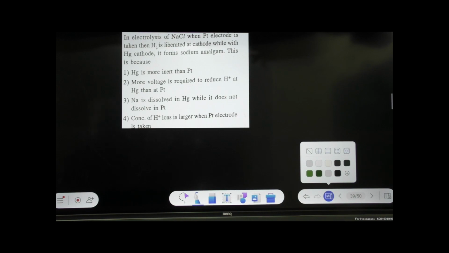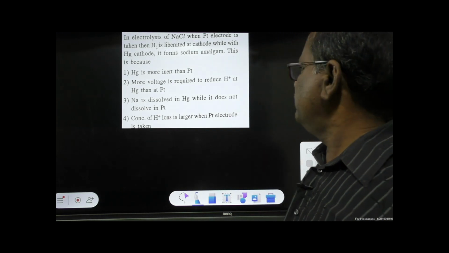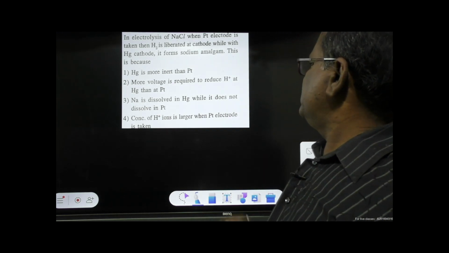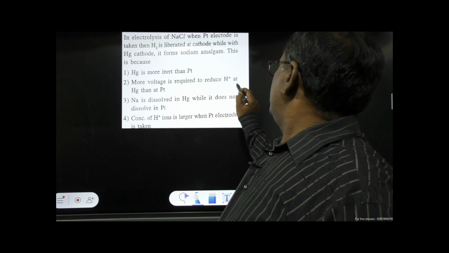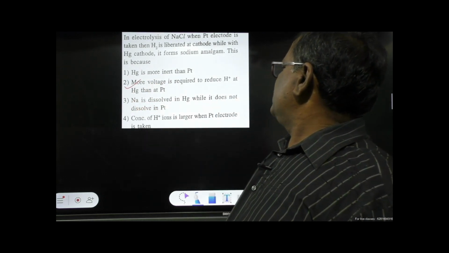In electrolysis of NaCl, when platinum electrode is taken, then H2 gas is liberated at cathode, while with Hg cathode it forms sodium amalgam. There is some ambiguity in this question, but by convention we say that more voltage is required to reduce H plus ion at Hg than at platinum.